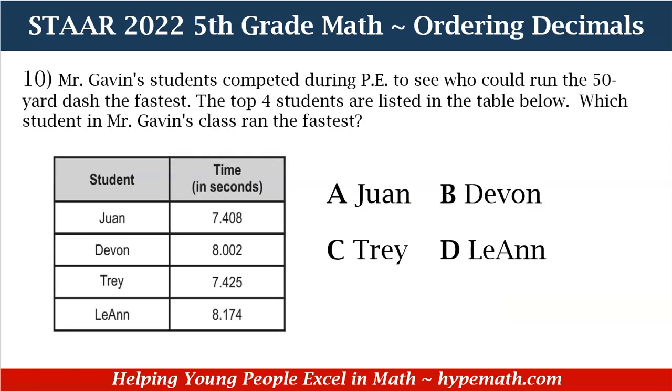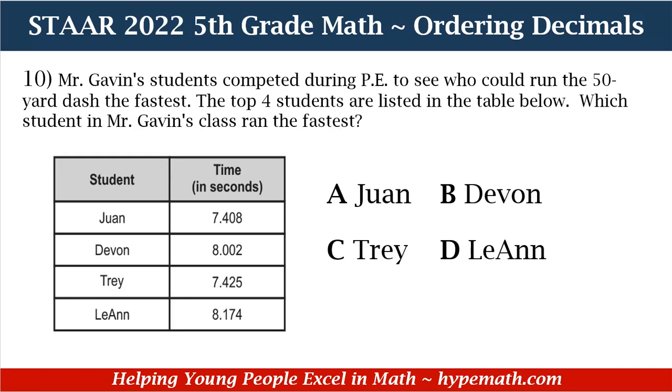So for question number 10, we have Mr. Gavin's students competed during PE to see who could run the 50-yard dash the fastest. The top 4 students are listed in the table below. Which student in Mr. Gavin's class ran the fastest? Is it A, Juan, B, Devon, C, Trey, or D, Leanne?